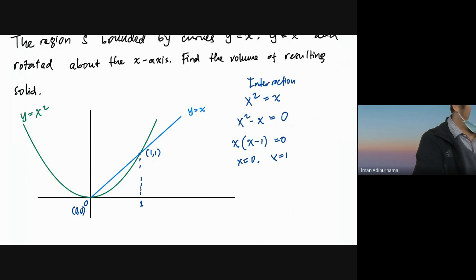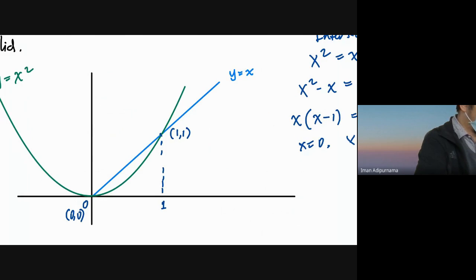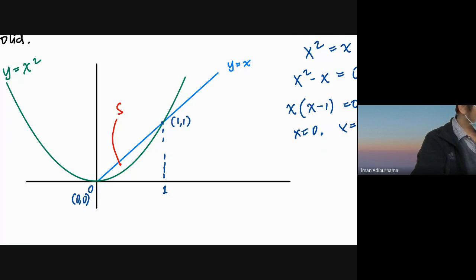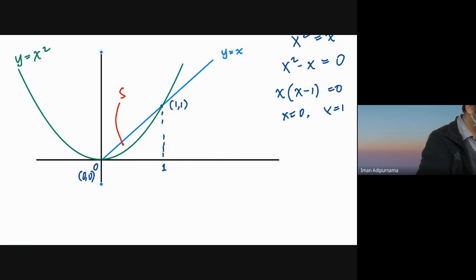Now the area is in between these two curves, so this is the area S. And then we need to rotate the area about the x-axis, this one.